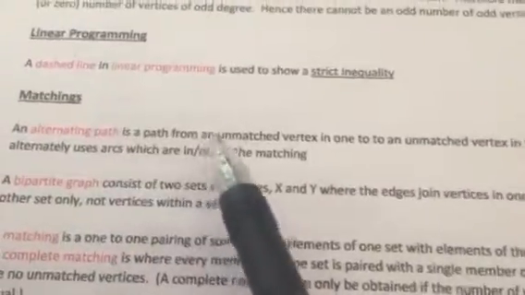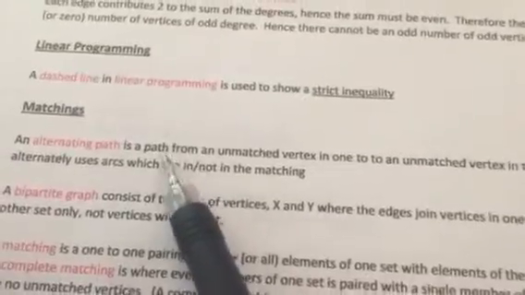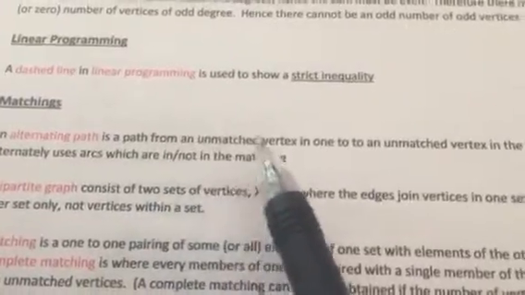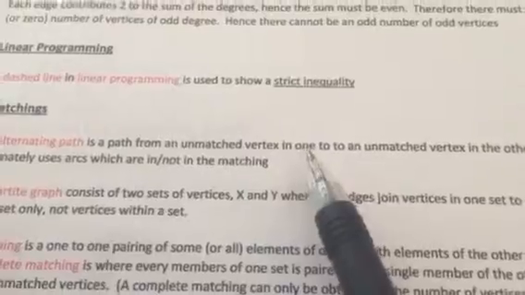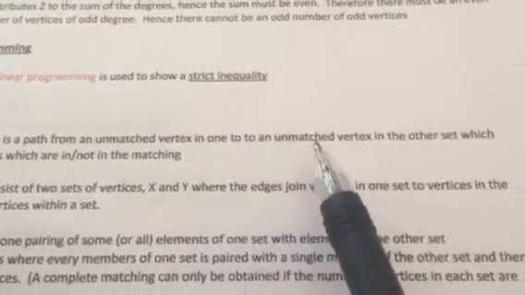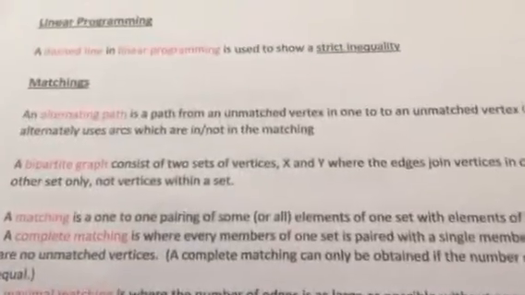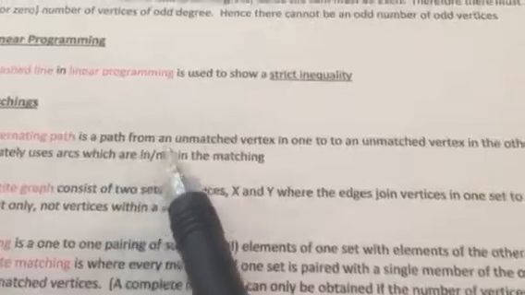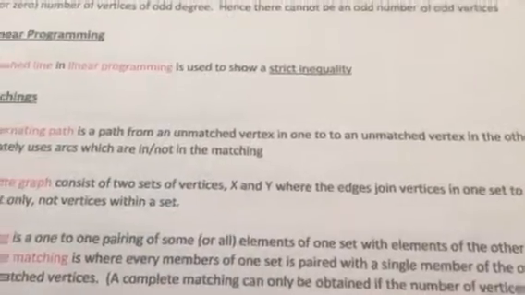The other definitions you might need for matchings are the following. An alternating path is a path which you've already learnt the definition from. It's a path from an unmatched vertex in one to an unmatched vertex in the other set, which alternatively uses arcs which are in and not in the matching.